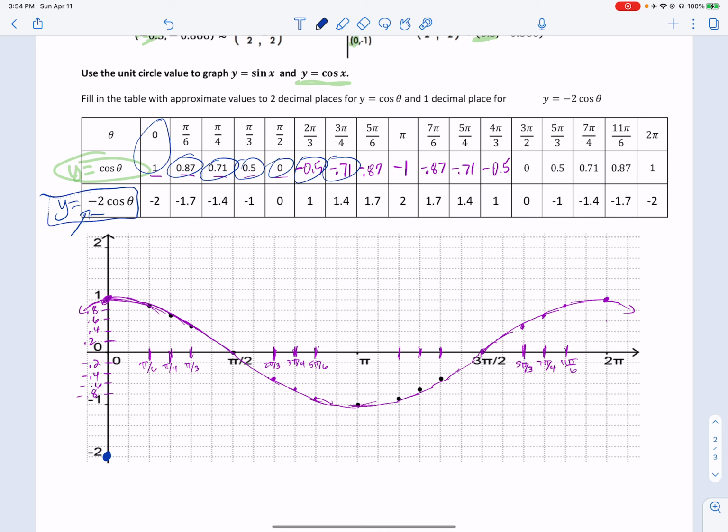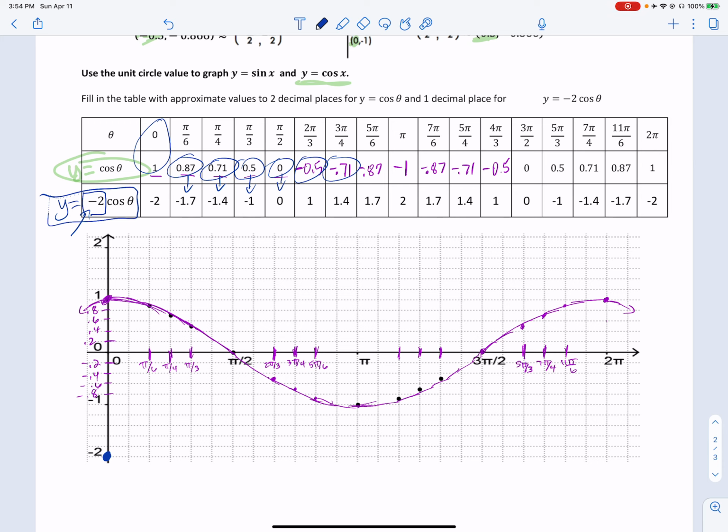That's what we're going to do, because we have the basic footprint of cosine, and we're taking each of those values and multiplying by negative 2. So I've gone ahead, and if I take those decimal approximations, here's what I'm getting, and I just have it for one decimal place for y equals negative 2 cosine theta. I have filled it in, but I've just taken all the y values for the second row and multiplied by negative 2 and rounded to the nearest tenth.